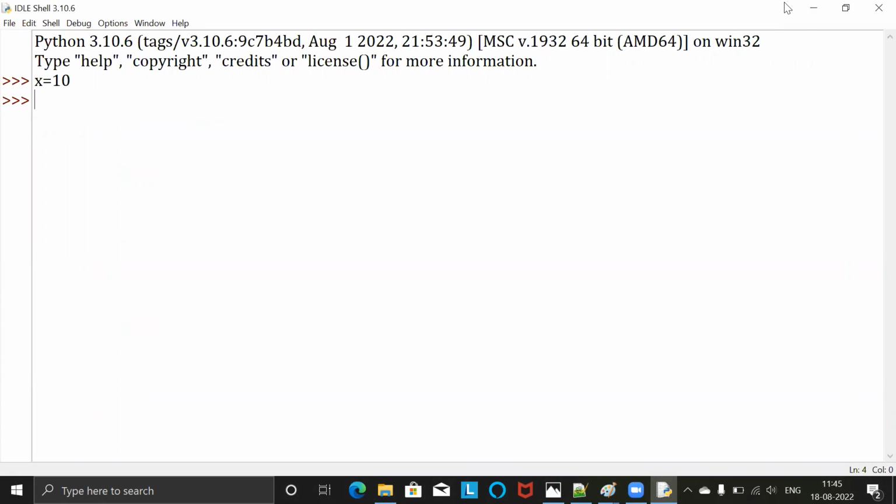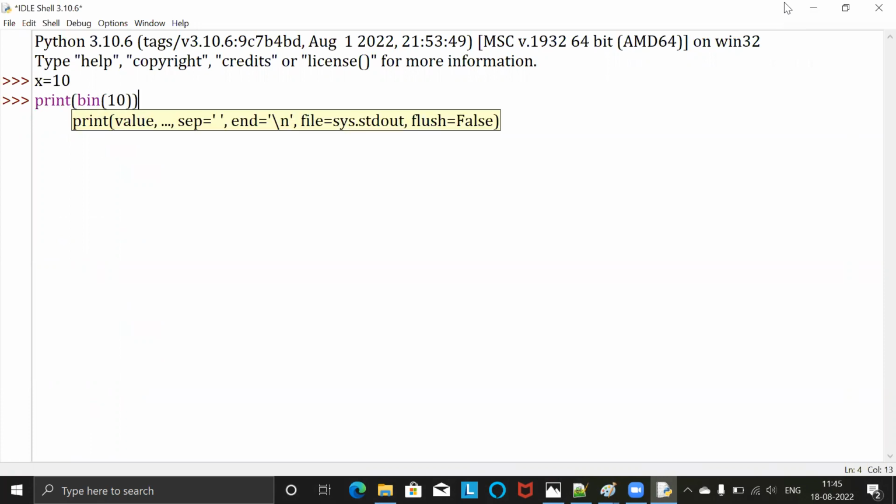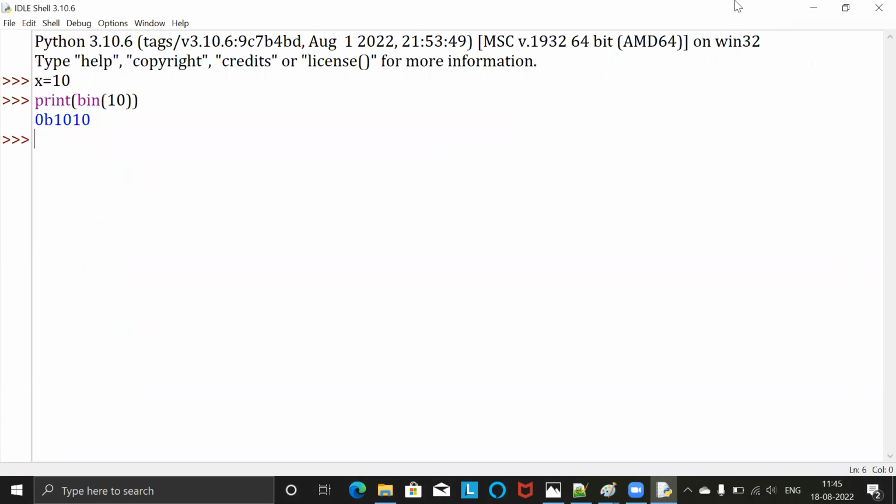If I want the binary form of 10, I print the binary of 10. Here 0b1010 is the binary form of 10, and 0b represents binary.